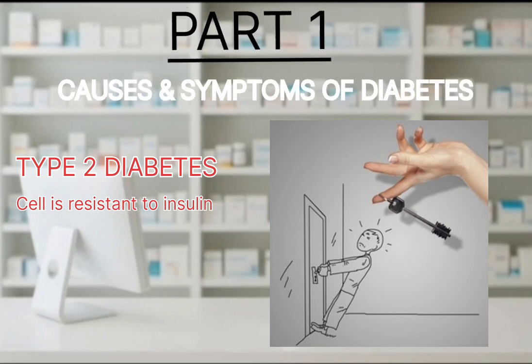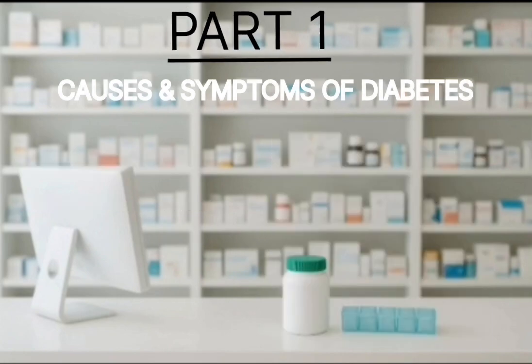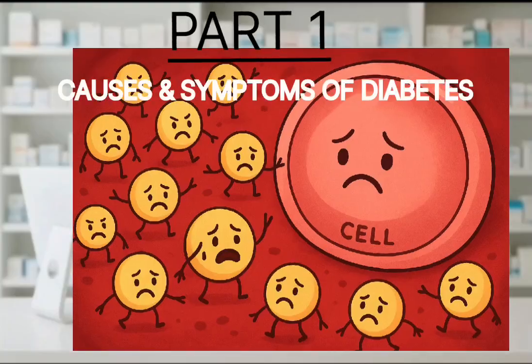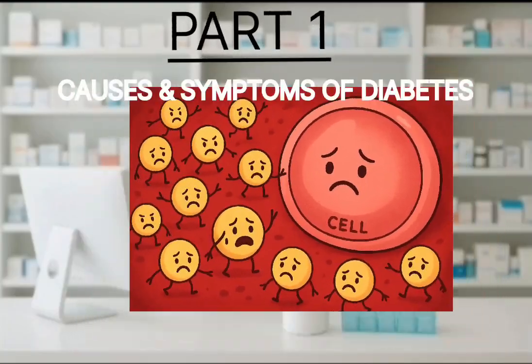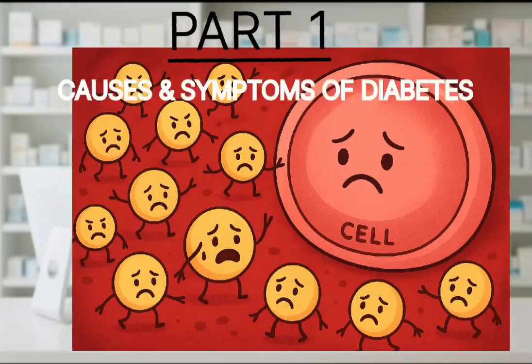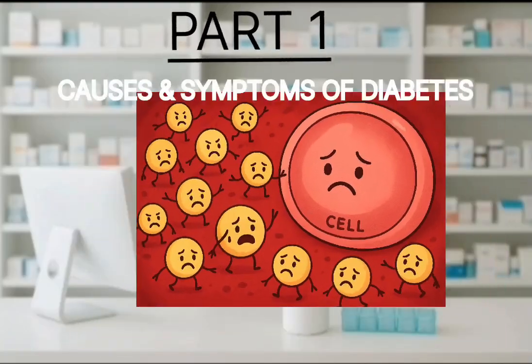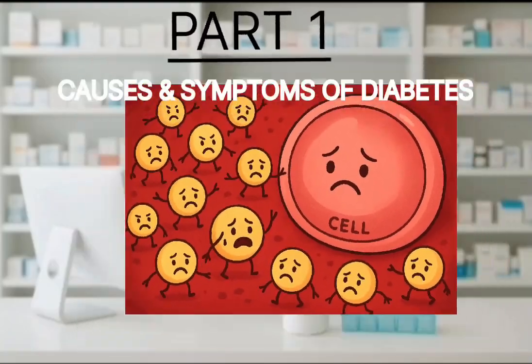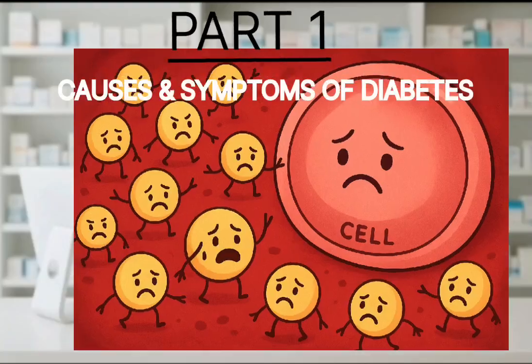So what will be the result? The result will be the same. The glucose will be outside the room. Glucose will not get into the room. So many glucose persons will accumulate outside in the blood. That is the reason why the diabetic person has a large amount of glucose in the blood. So this is the insulin resistant condition.